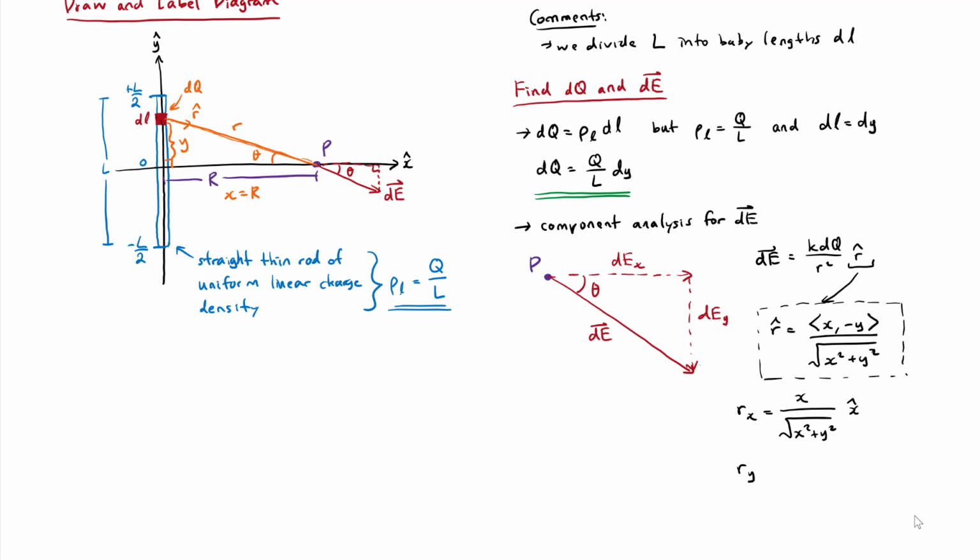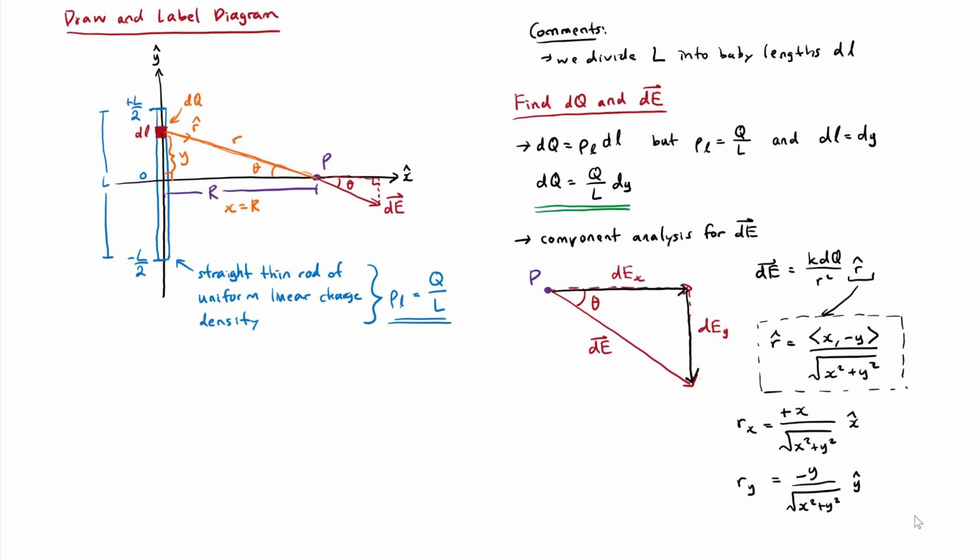And if you wanted the y direction, you would have y over the square root of x squared plus y squared in the y direction. But we know that the y direction is down, so this is negative y. We know that the x direction is towards the right and positive, so this is positive x in the x direction. So the next question is whether we can simplify Rx and Ry just so that we can do our calculations.